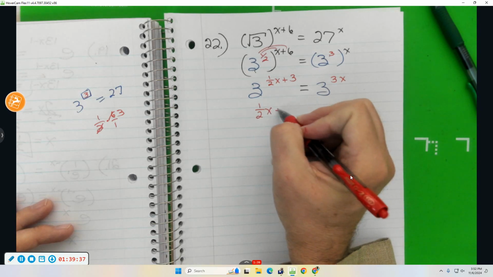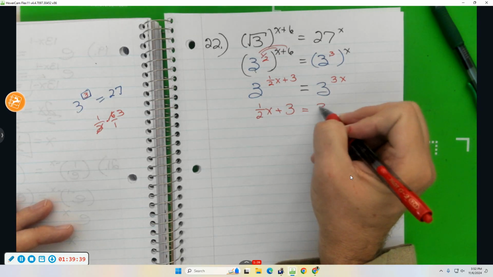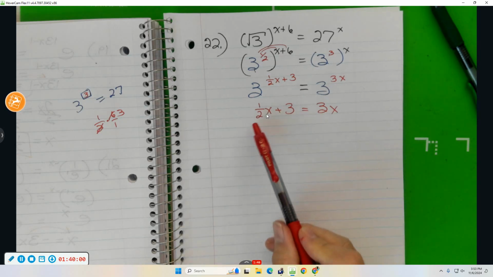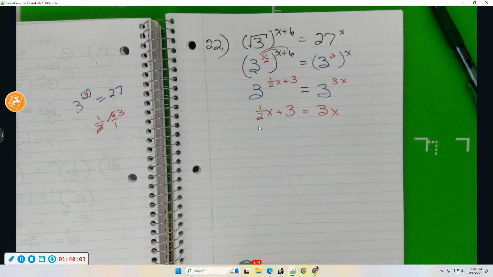1/2 x plus 3 is equal to 3x. And you're thinking, oh no, there's a fraction here. What should we multiply through by in order to cancel out that fraction? Let's get rid of the fraction right now. To cancel out that 2, it should sort of be obvious. This is an equation.